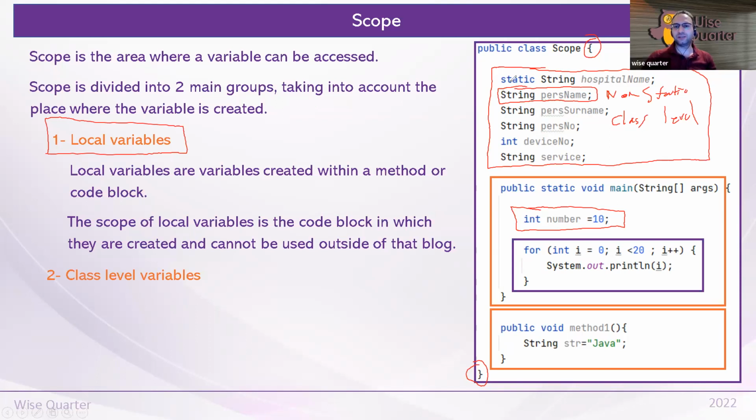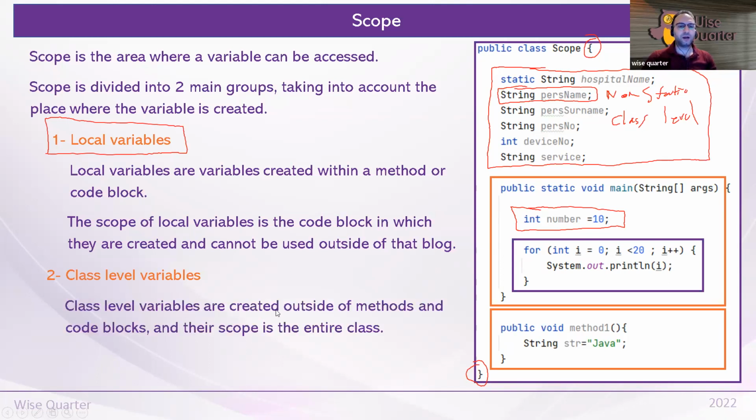But when it is static, you can use it in static methods and also normal methods. Class level variables are created outside of the methods and code blocks. Their scope is the entire class. If you are here, you can see everywhere in the class. But if it is not static, you may not be able to use it in a static method. That's important.